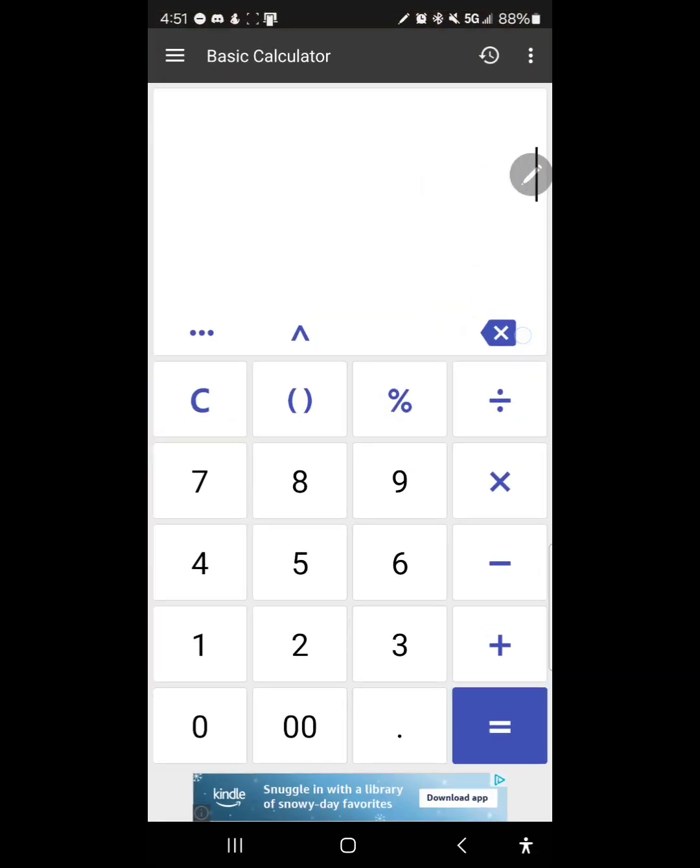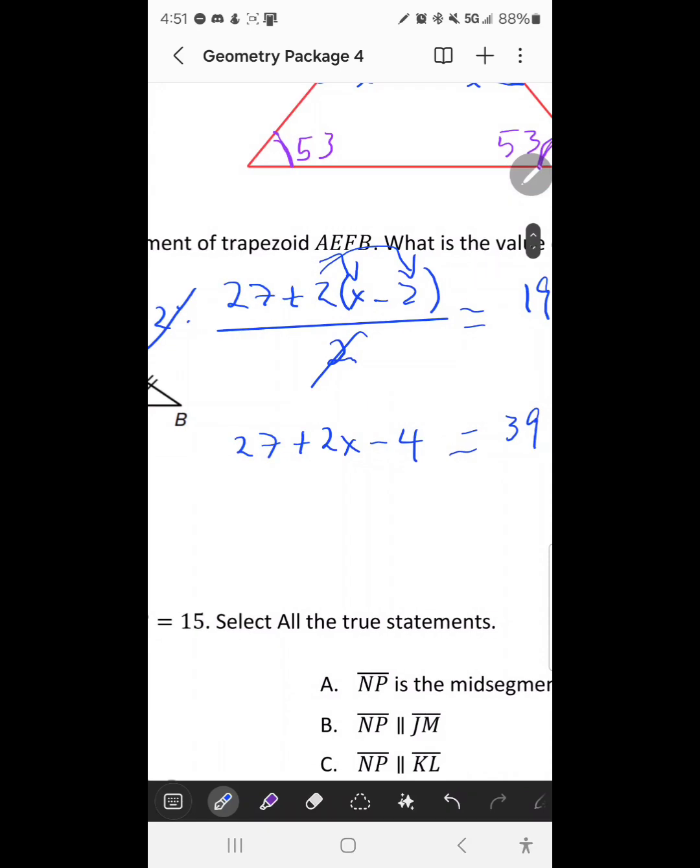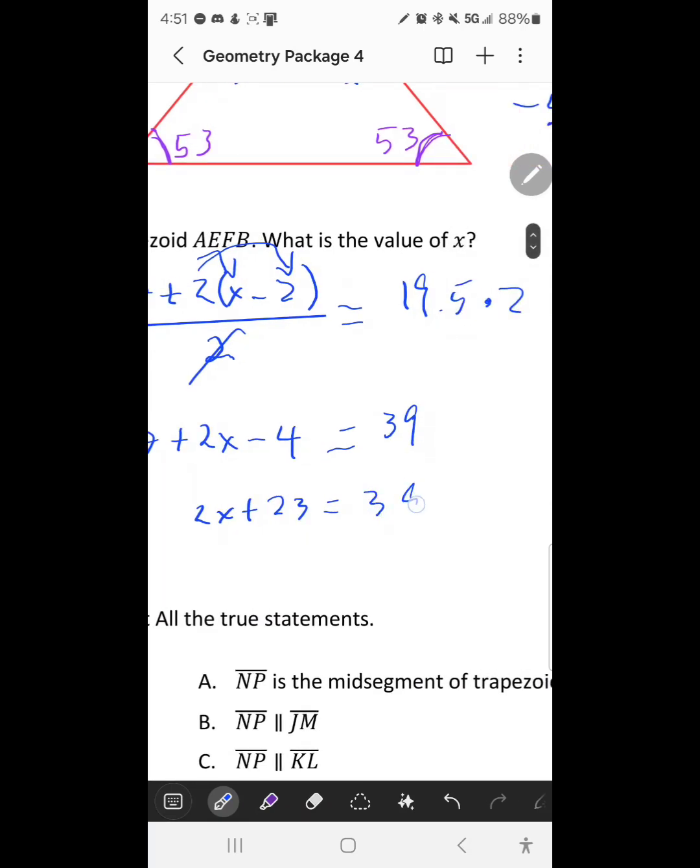Remember, you can use your calculator. It's just that it's easier for me to do it by mind. Now, 27 minus 4 is 23. So 2x plus 23 equal 39.